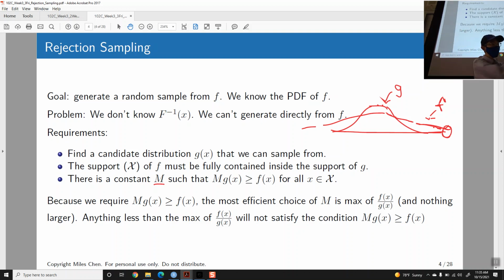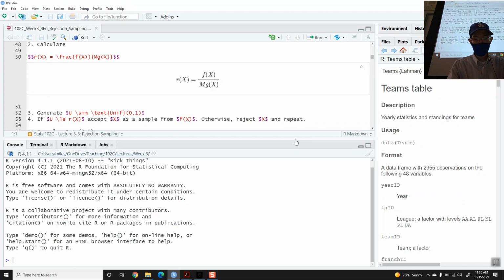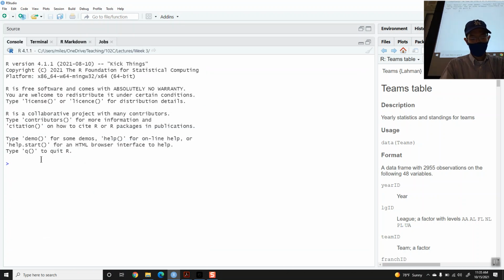Infinity. As you go out to the tail, with the t distribution, f has what we call a heavier tail than g. If I say, what is dt of 6 with degrees of freedom equal to 2, what is the ratio between this and the normal density?